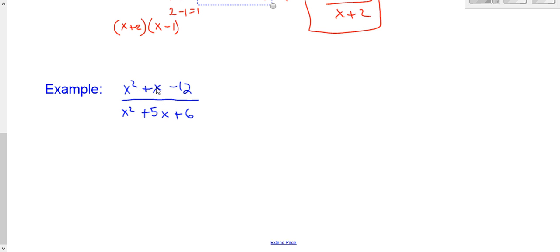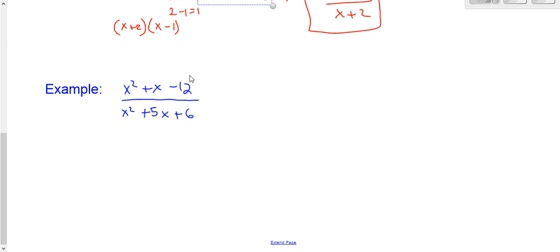Here's another example where we've got two trinomials. In the numerator, we have x squared plus x minus 12. In the denominator, we have x squared plus 5x plus 6. Both of these have no numbers out in front of the x squared, so these are the easier type of trinomials to factor.